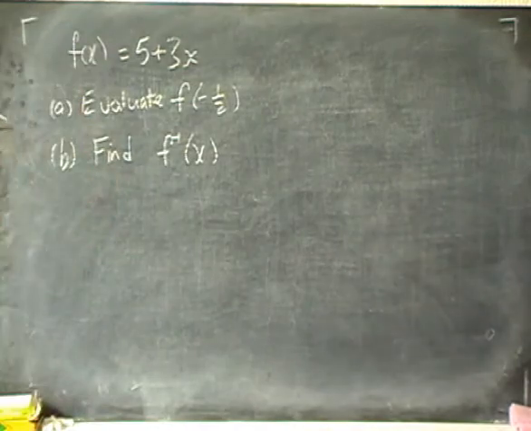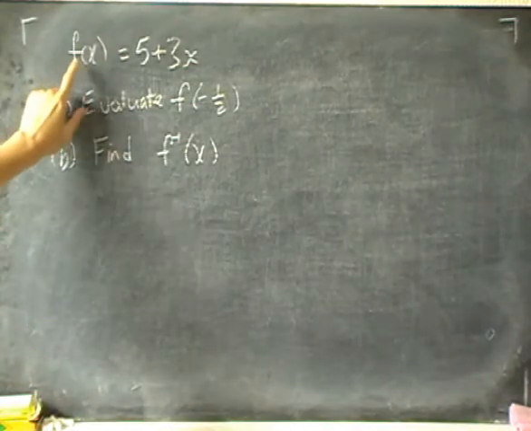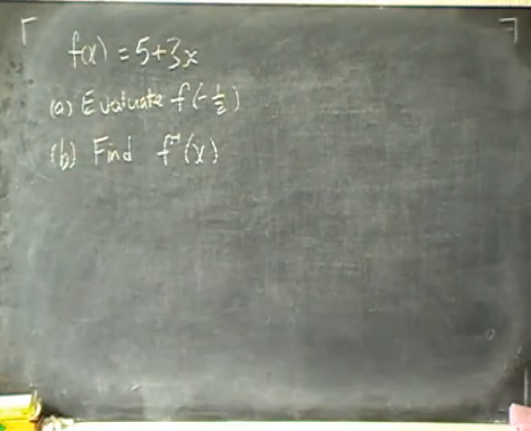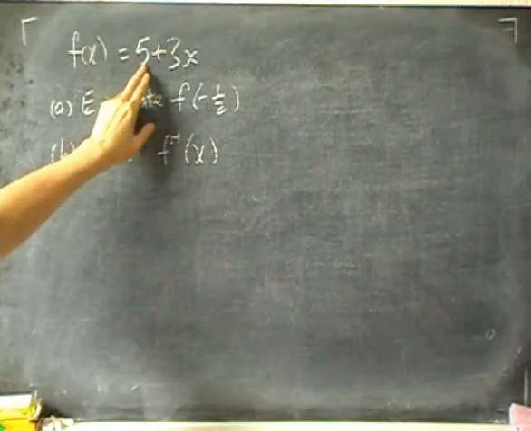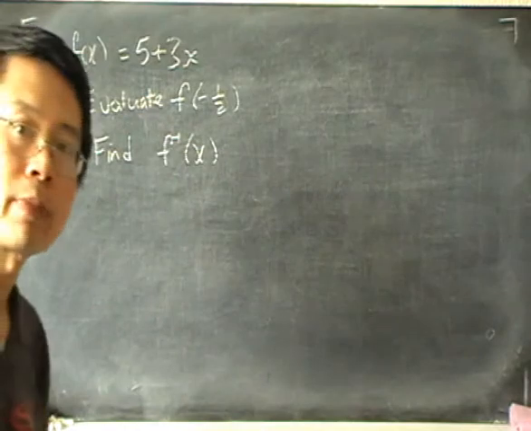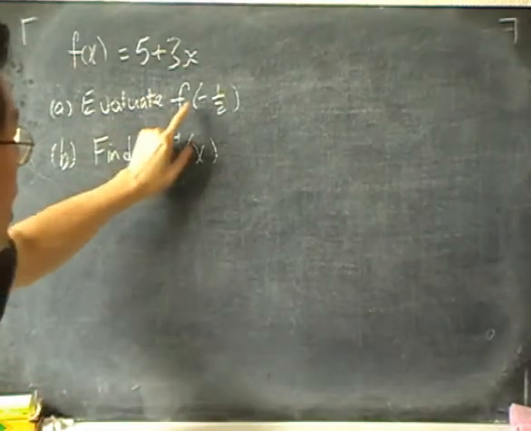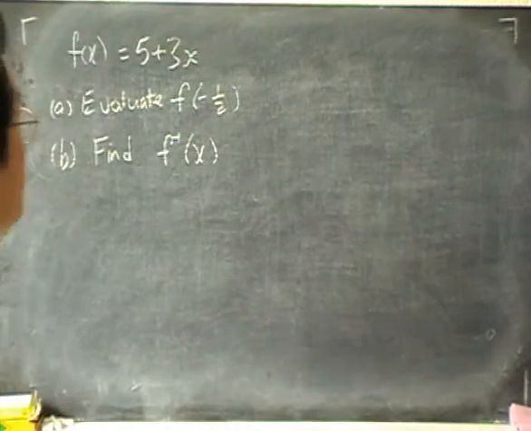In this question, we are given that the function f(x) is equal to 5 plus 3x. And in part A, we must evaluate f of minus half.